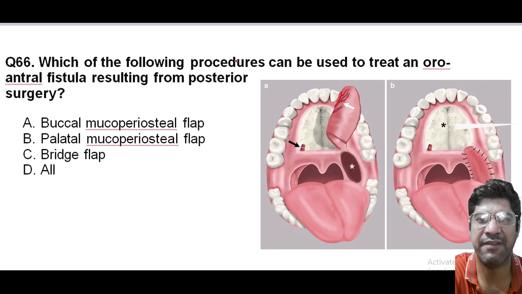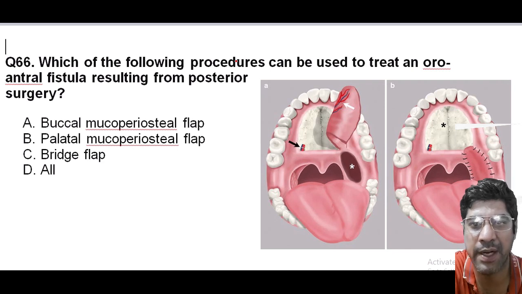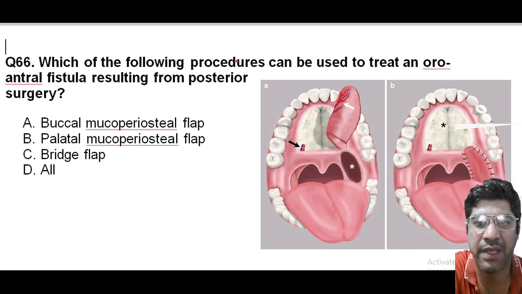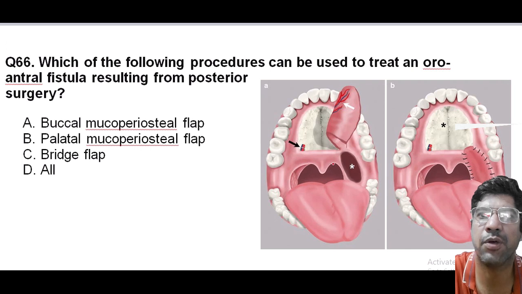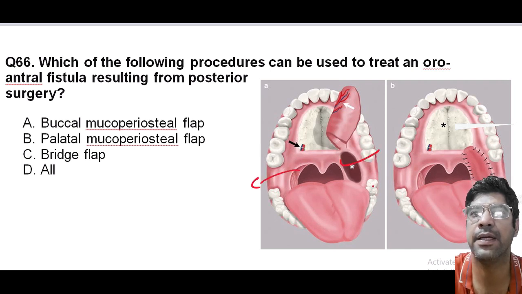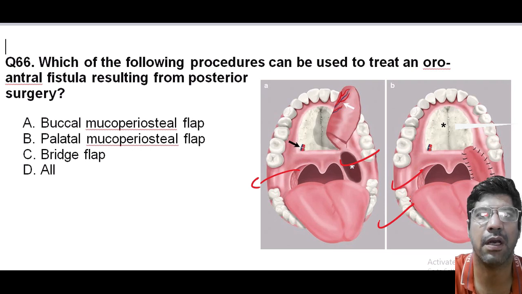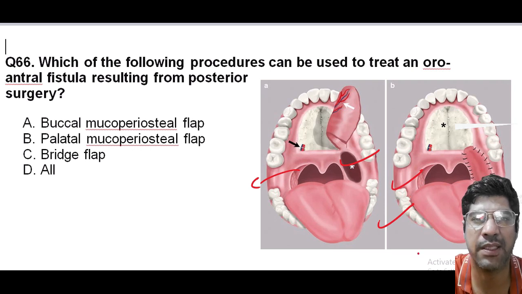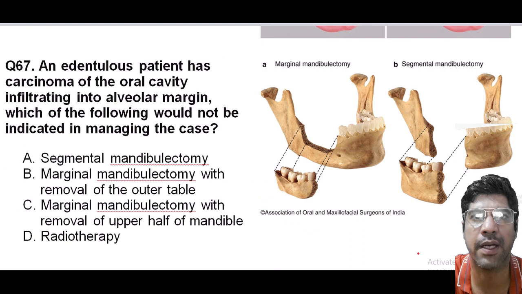The surgeons will select the most appropriate approach based on factors like the size, location of fistula, condition of surrounding tissue and the overall health of the patient. So the image shown is a palatal island method of flap design that we use for the treatment of oroantral fistula. The answer is all of the above are correct.